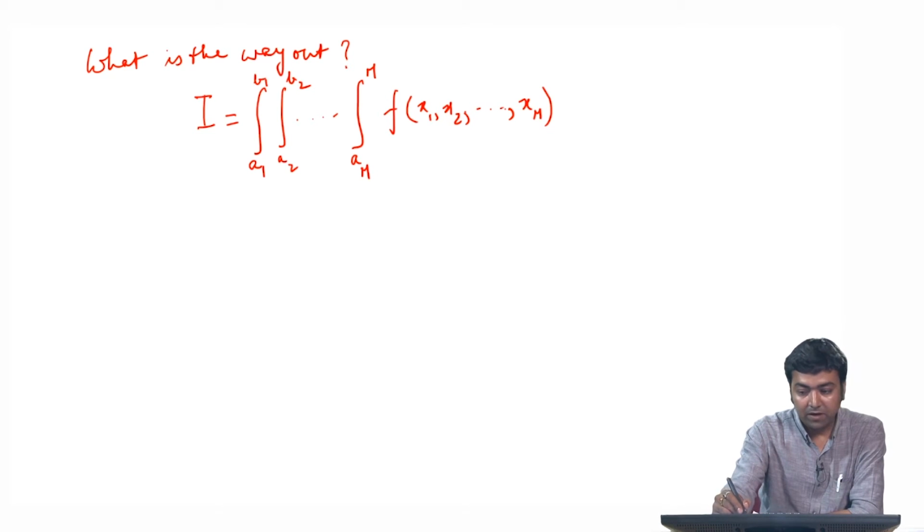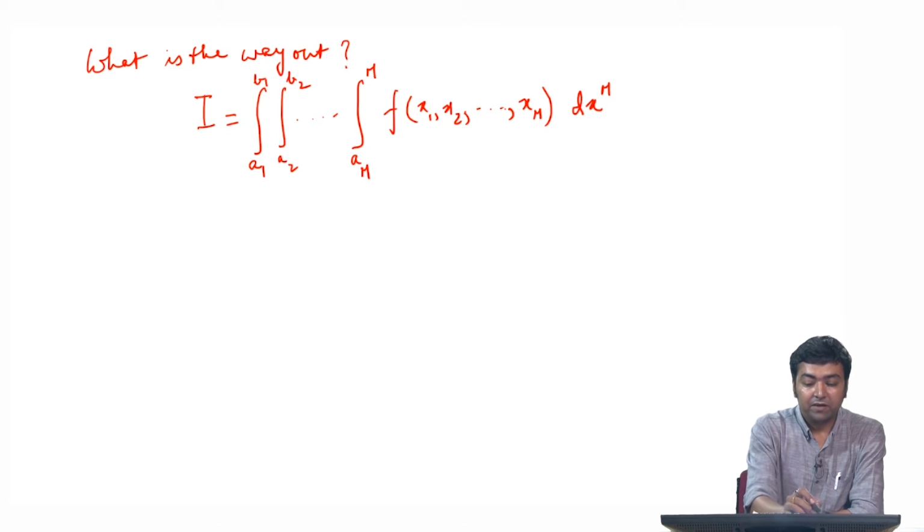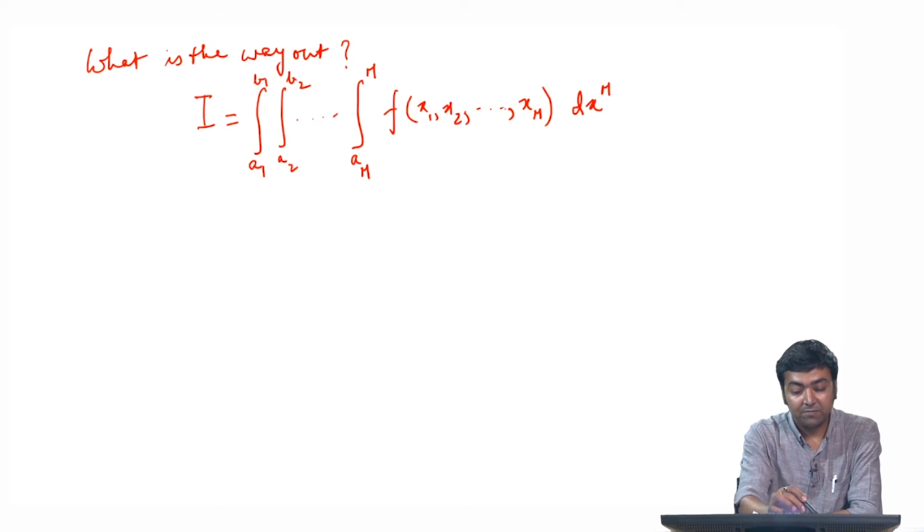This is the integrand, and along each dimension the interval is given by a to b. For example, along the first dimension it is a 1 to b 1, second dimension a 2 to b 2, and so on and so forth.